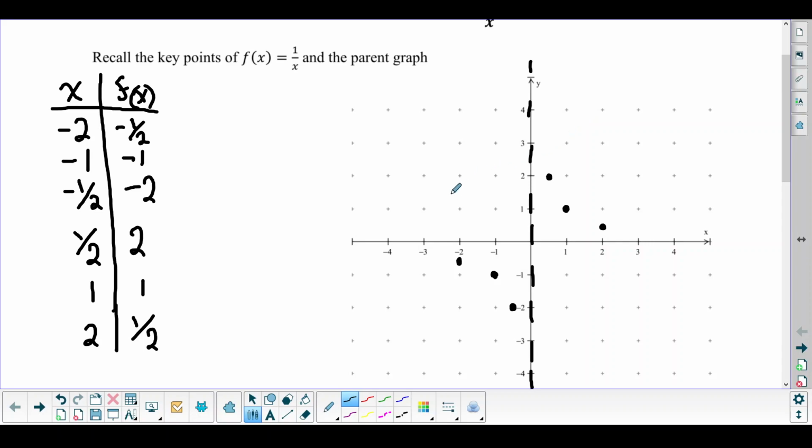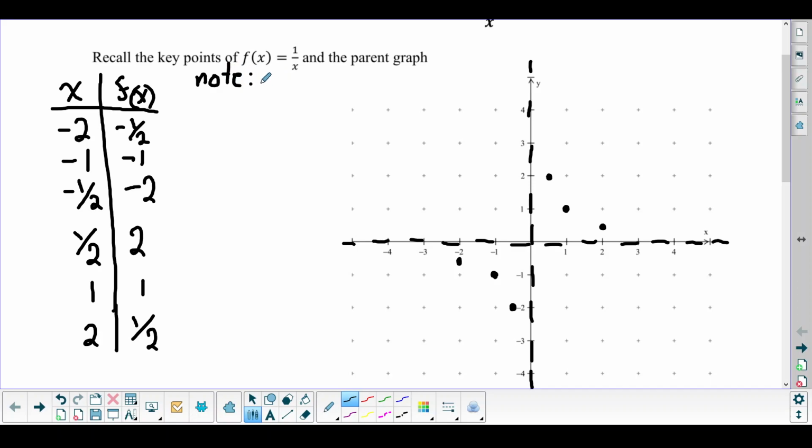Now there's another asymptote, and it's not because of a restriction, but it is the x-axis. So we're going to draw another dashed line going along the x-axis. Now these asymptotes, let's just write a little note to ourselves here.